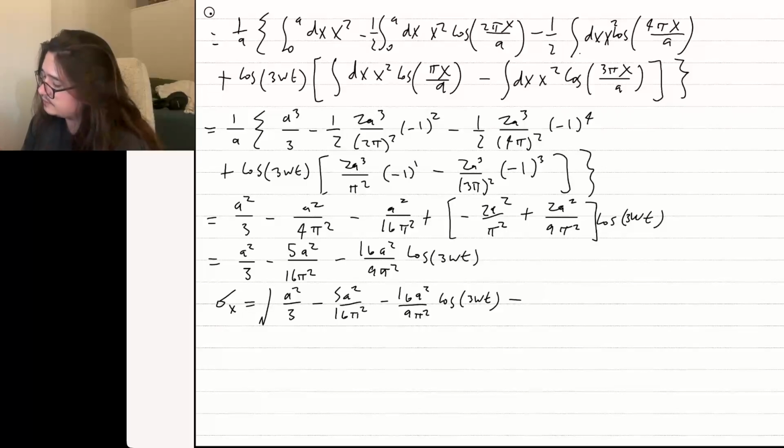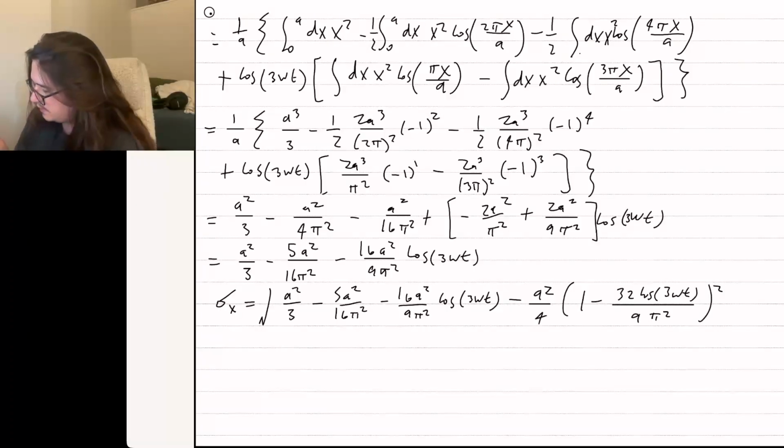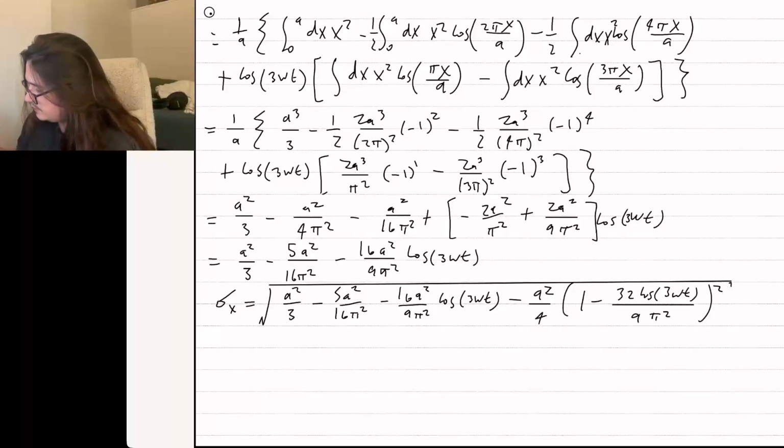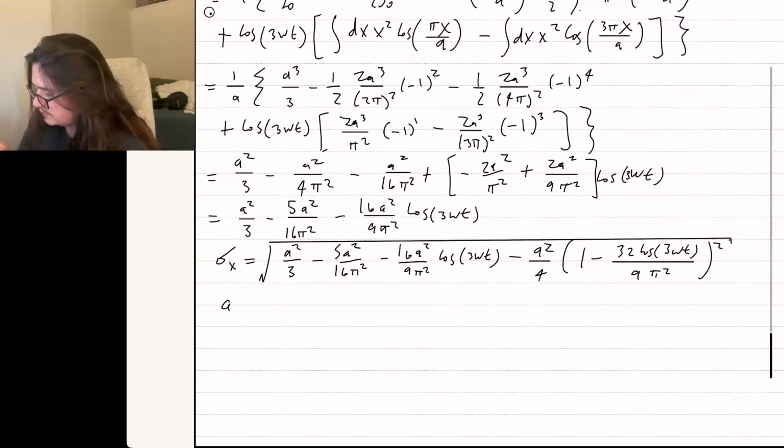So it's minus a squared over 4, 1 minus 32 cosine 3 omega t over 9 pi squared squared. Fun stuff. Everything here depends on a squared, so I'm going to factor out an a from the radical.